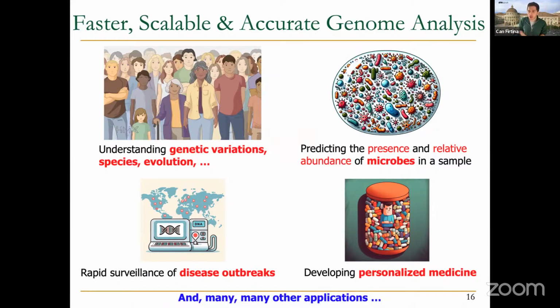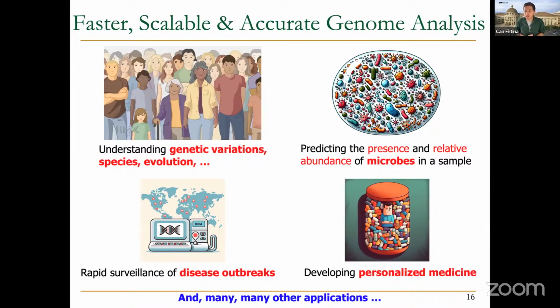We can say, oh, when this population has this particular variation in their genome, it is possible that they're going to be prone to a particular disease. This is very important to understand so that we can link the diseases to the variations in the genome, and so that we can even try to develop solutions for these diseases, right?